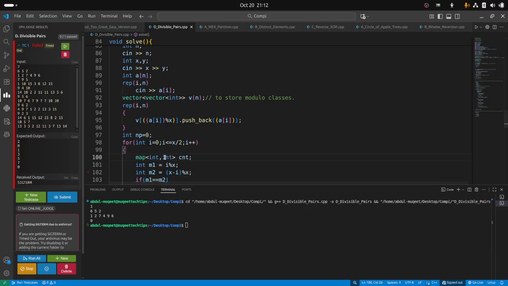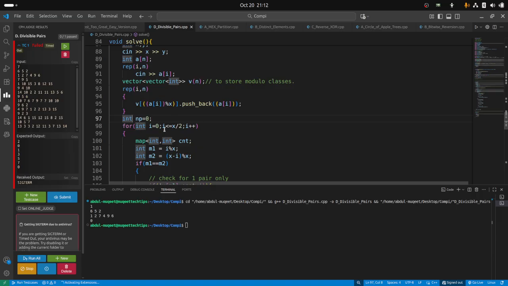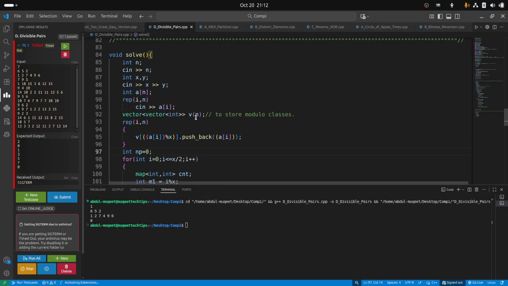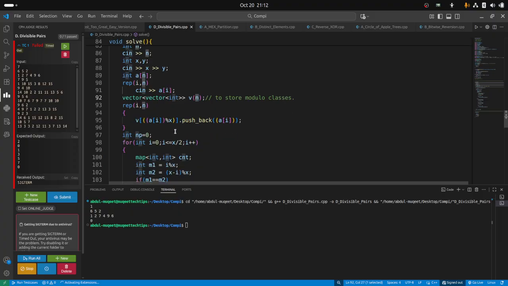No problem, it's a TLE, fine. Then this thing and this thing. 0, 1, 2, 3, 4.